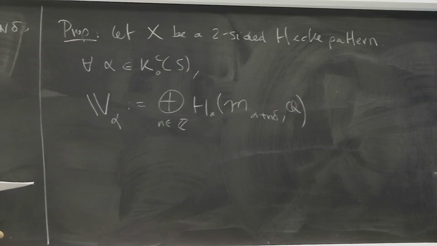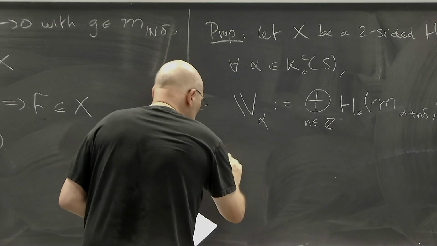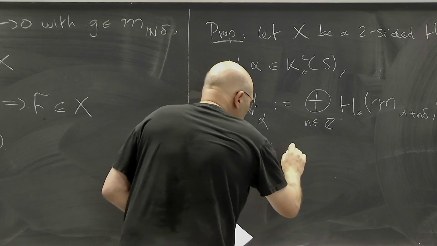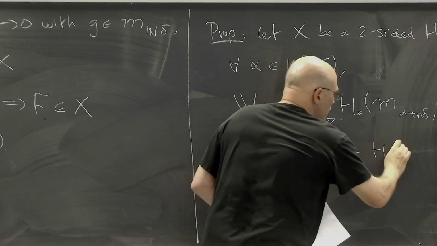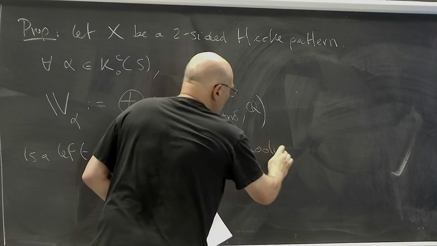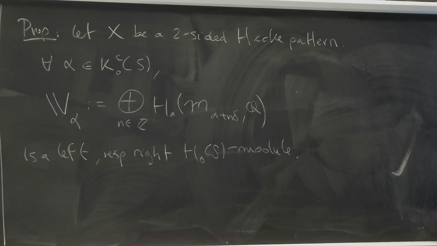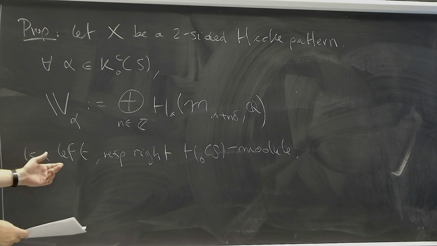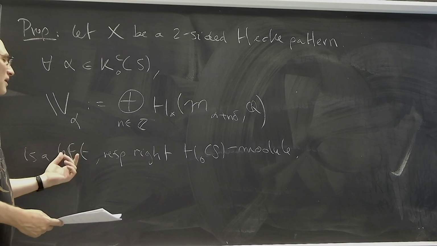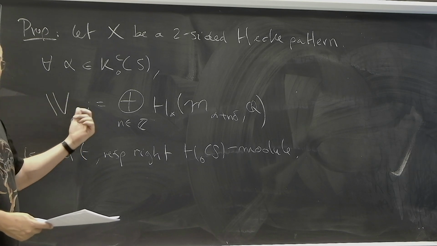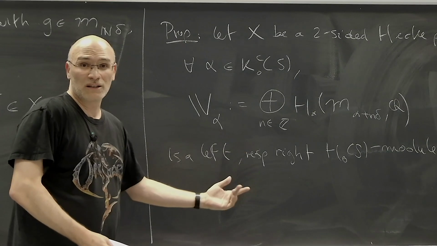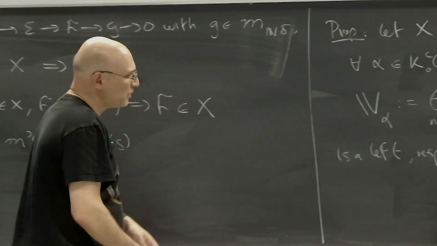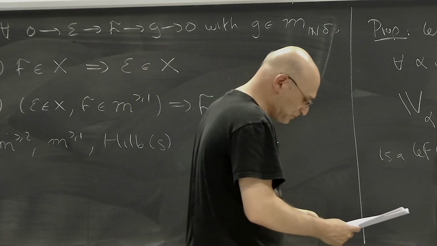All this homology is a left, respectively right, H0 of S module. So you can think of it as a left module for the Coha and for the opposite algebra of the Coha. Ideally, you would like to say that it extends to a left module for the double of the Coha, and I will state some result like this now.